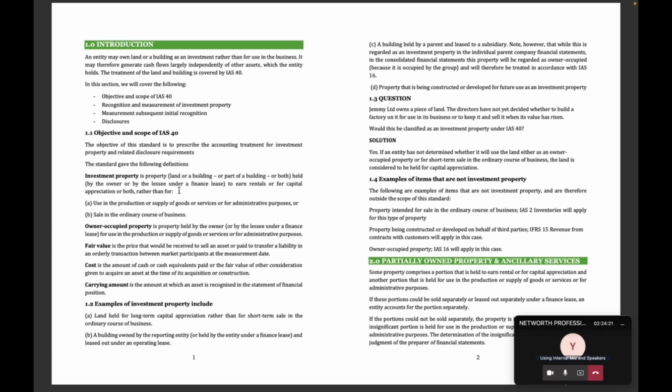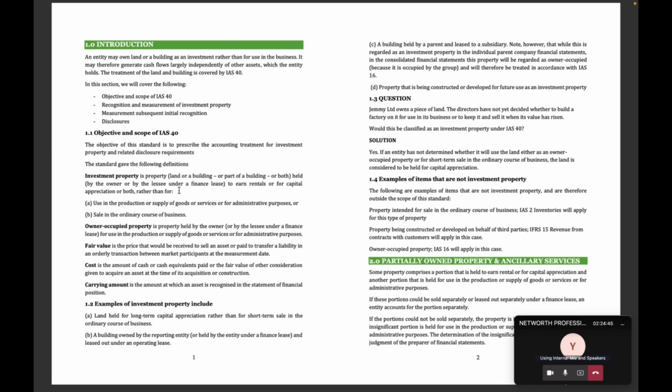When you leave land there, the value will definitely appreciate. And that is the picture around investment property. It is majorly land or building or both, and you are holding it for rentals and for capital appreciation.